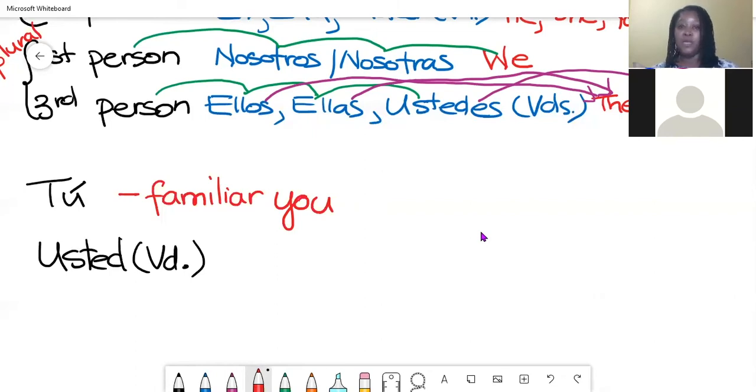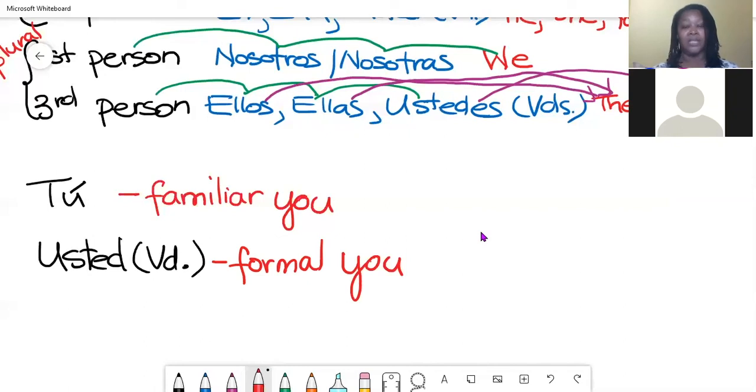So with the familiar you, if you're speaking to a friend, if you're speaking to someone that you're familiar with, if you're speaking to someone who's on your level, so as students, you're speaking to a fellow student, you would use the tú. However, the usted is your formal you.